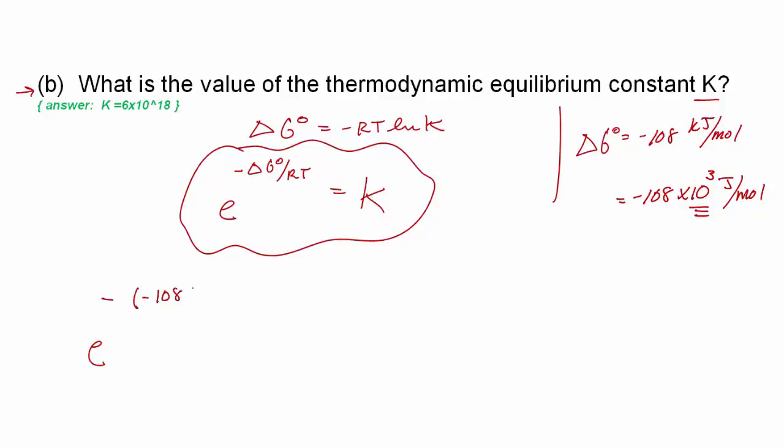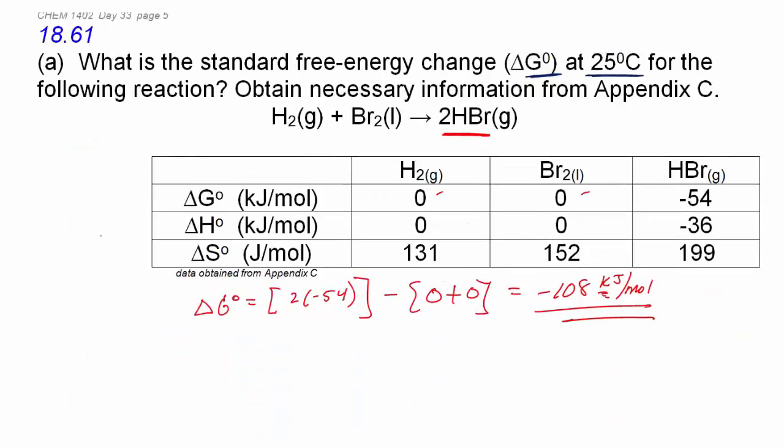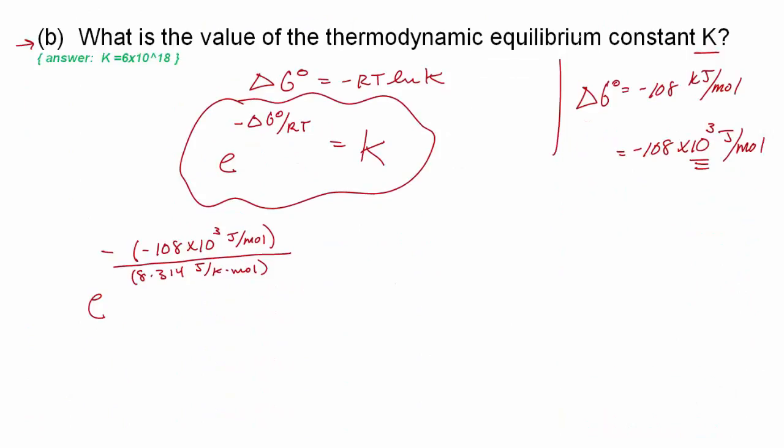Negative 108 times 10 to the third joules per mole, divided by gas constant 8.314 joules per Kelvin mole, times my temperature T, that needs to be in Kelvin, and my temperature is 25 degrees Celsius. 25 and 273 is 298 Kelvin. All that will equal K.